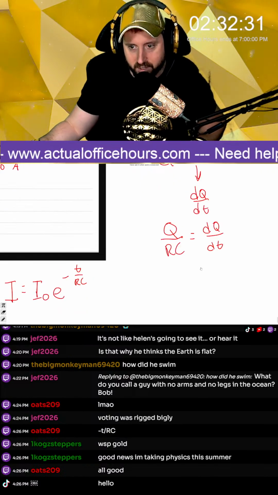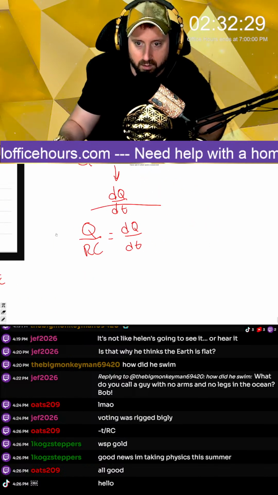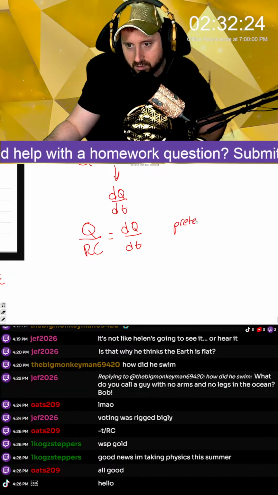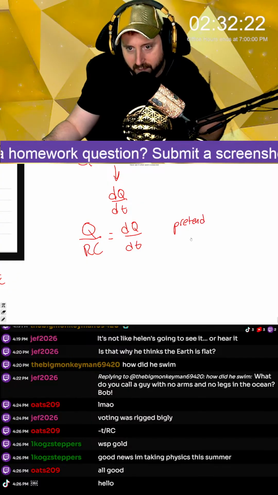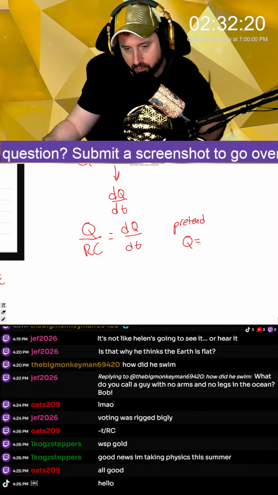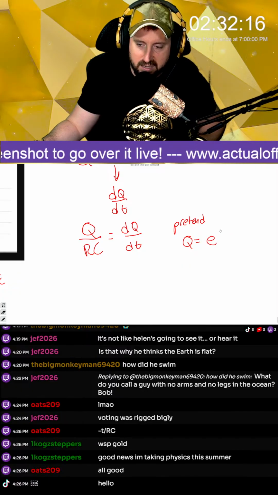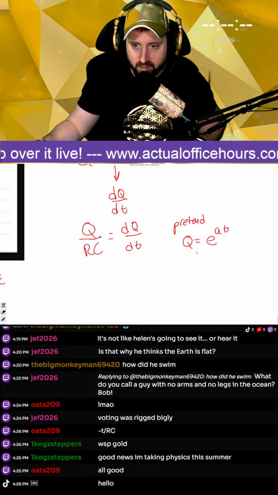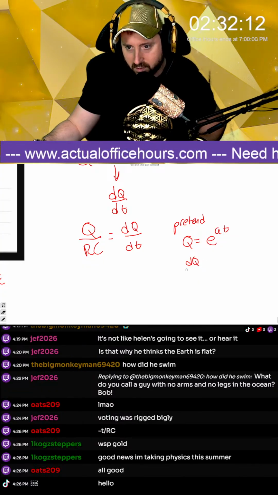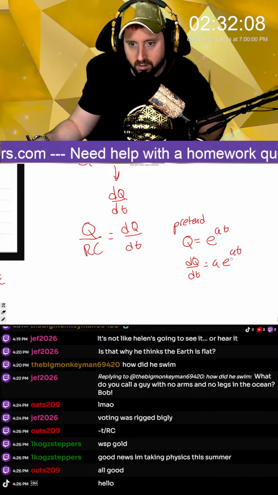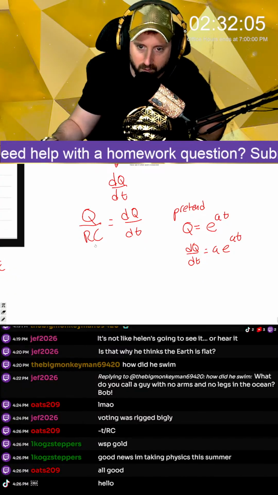Yes, and then this is a differential equation that you can solve by saying, let's pretend that Q is equal to e to the at. So dq/dt is equal to a e to the at. And then you plug it in to see if it solves.